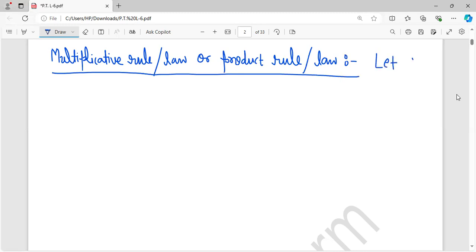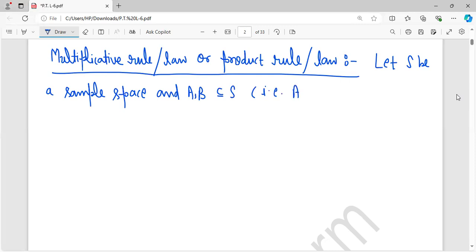Let S be a sample space. Okay. And A, B subset of S. It means A and B are events. Okay.